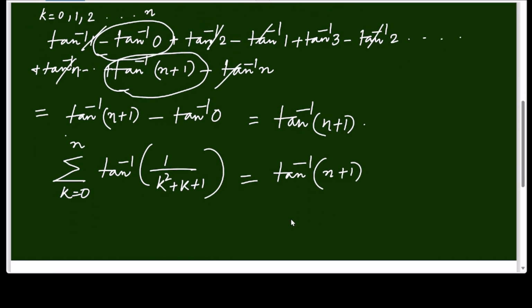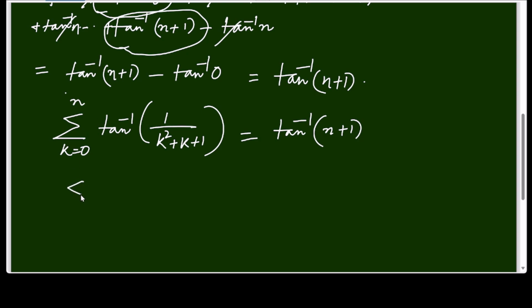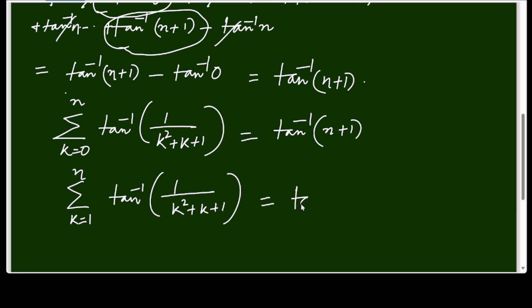And if it would be the summation from k equals 1 to n of tan inverse 1 by k squared plus k plus 1, certainly this would be tan inverse (n plus 1) minus tan inverse 1.